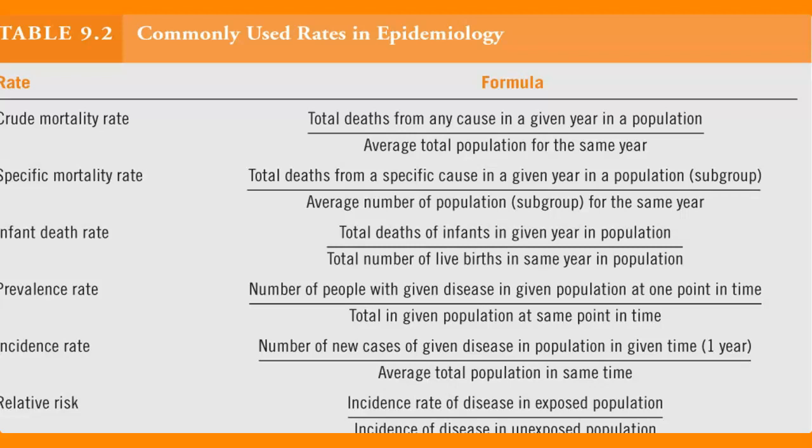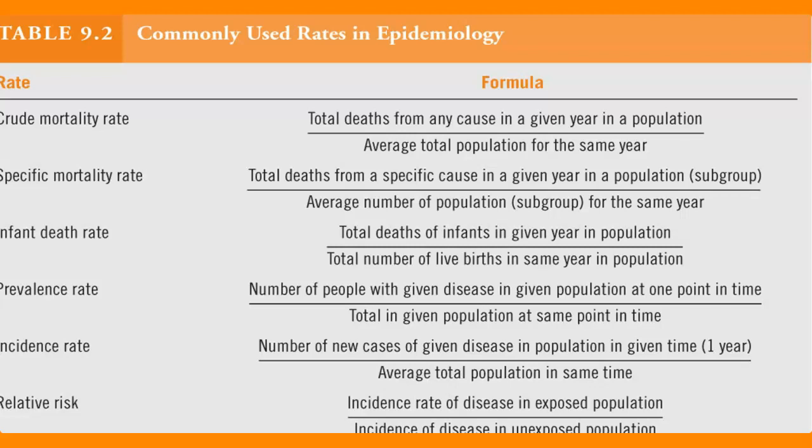Specific mortality rates would be the total deaths from specific causes in a given year in a population, such as a subgroup, for example. Infant death rates would be the total deaths of infants in a given year in a population, and the total number of live births in the same population as well.